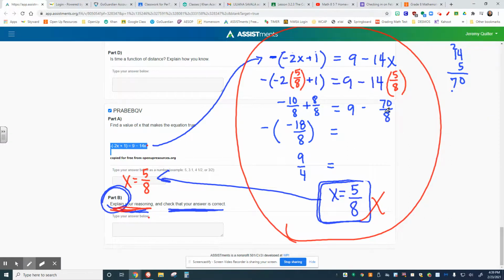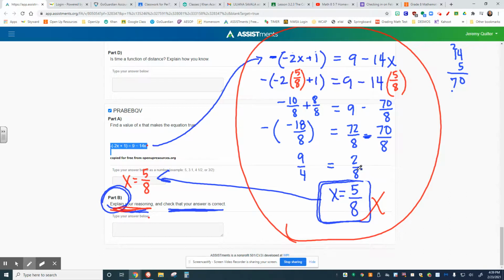And then my 9, and I'm talking about eighths, would be 72/8, minus 70/8 gives me 2/8.